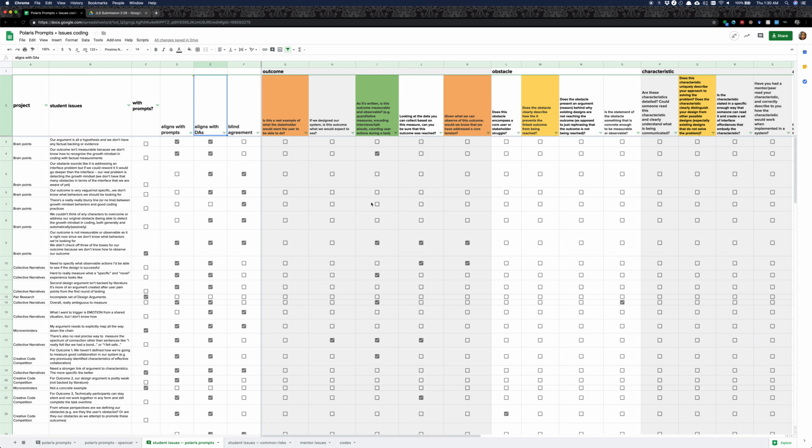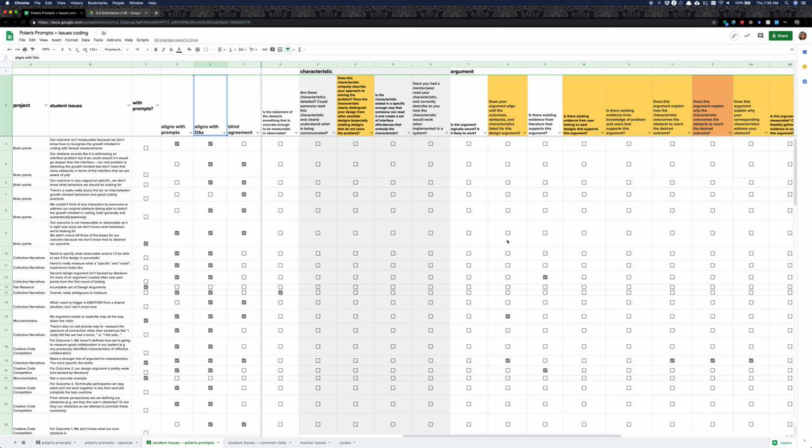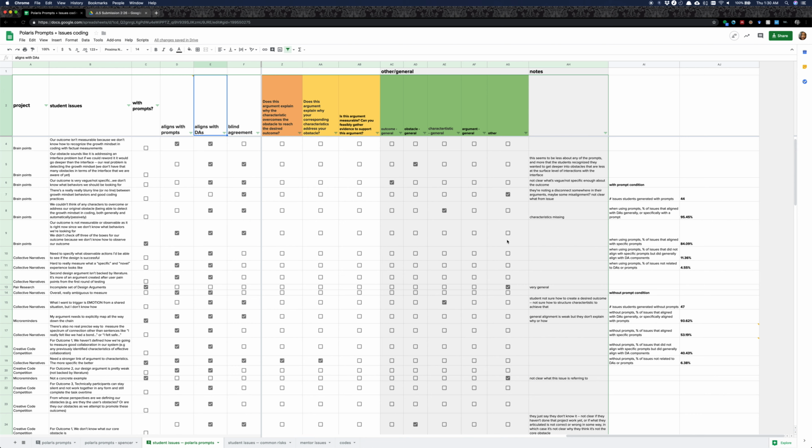So from the analysis, some high-level statistics that I thought were really interesting. In the prompt condition compared to without using the prompts, the number of issues that students generated were roughly similar.